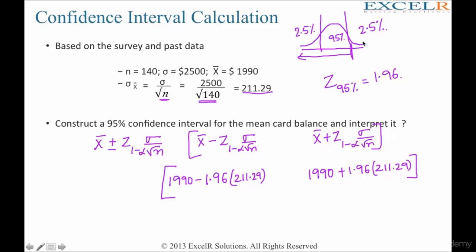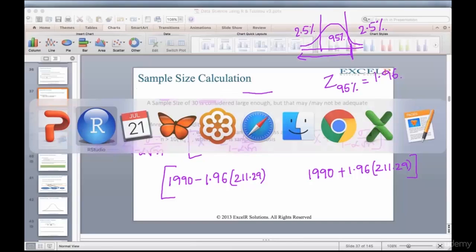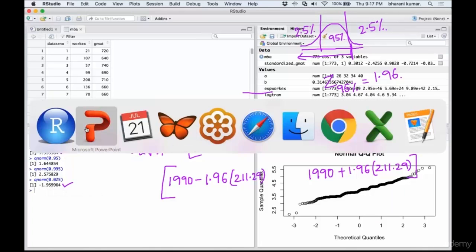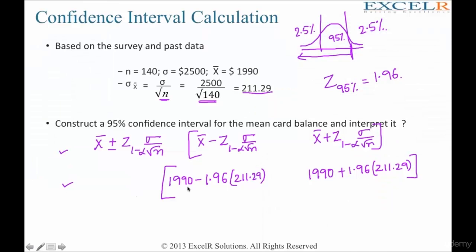We need to consider this also. And under such a scenario, it is qnorm of 0.025, which would consider the other side. And here it is 1.96. Here it is minus 1.96. So you'll get those values. If you solve this, you would get the minimum value and the maximum value. It's called lower range and upper range, and that is your interval, 95% confidence interval.